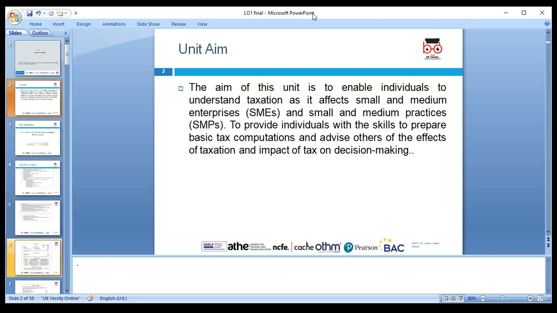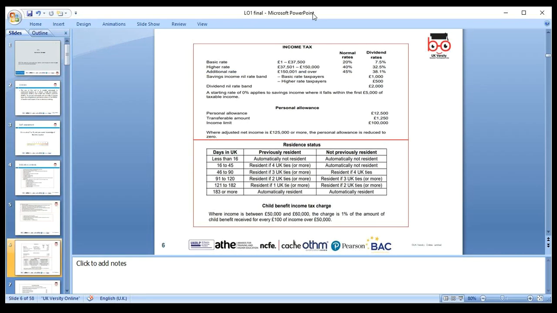So what will happen if we payroll the benefit? Let's say an employee has a car from the company, and we determine the P11D value, and then we payroll that value every month.